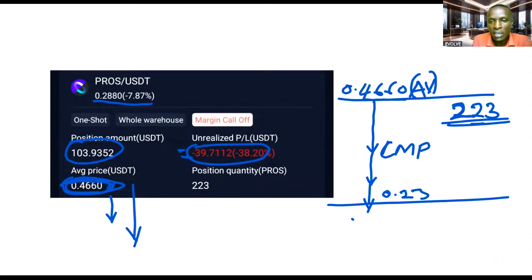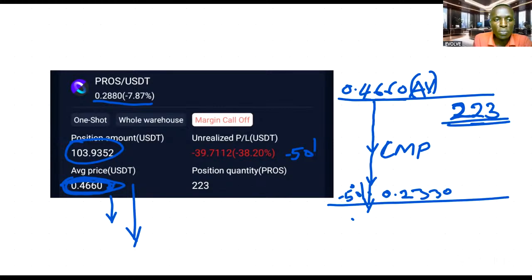Okay, that is going to be 50% negative altogether. So here it will show you that you are in negative 50%, on the unrealized P/L.